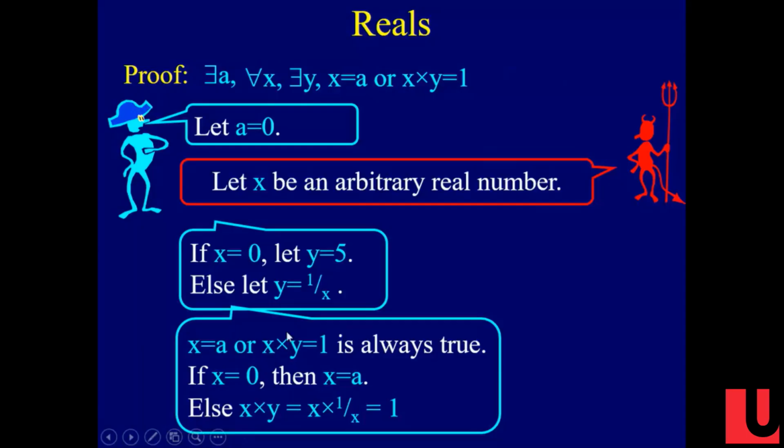If x is 0, a is 0, so x equals a. That means this is true, which means the OR is true. And in the other case, if x is not 0, then y is 1 over x, so x times y is 1. In that case, this is true, and so the OR is true.